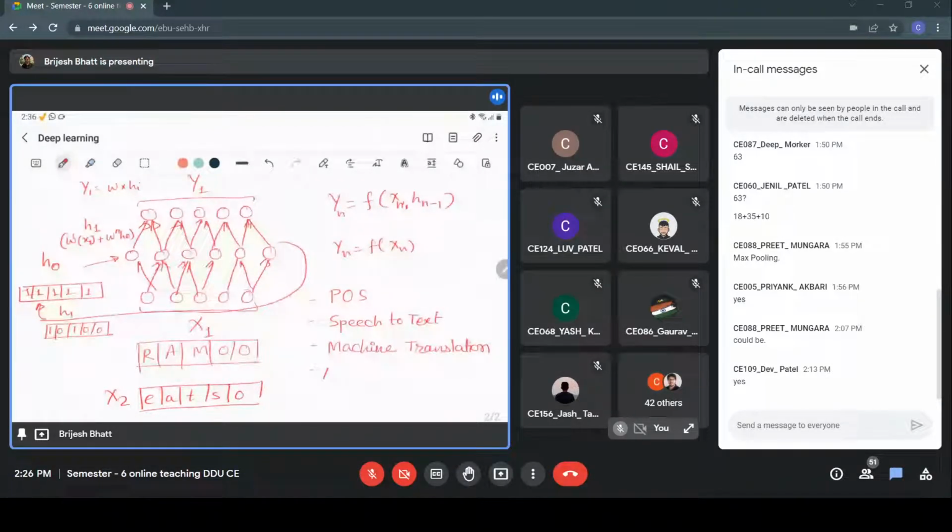Then language generation, that is, fill in the missing word, predict the next word, and so on.